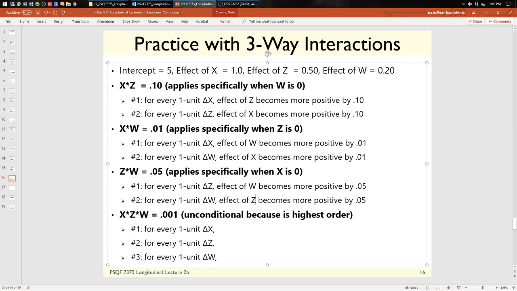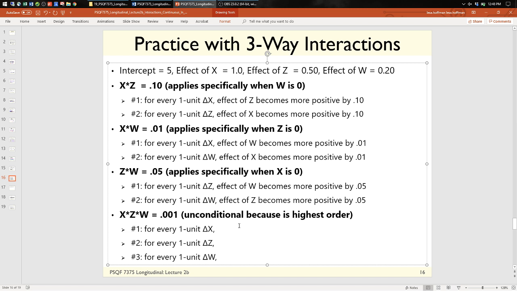Now the new part, three-way interaction. Same logic. The role of the three-way interaction is to take each of the two ways and moderate them as a function of the third variable. So, same pattern, one level of order higher.